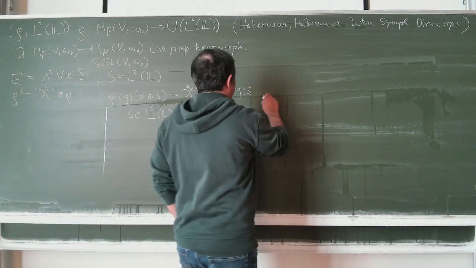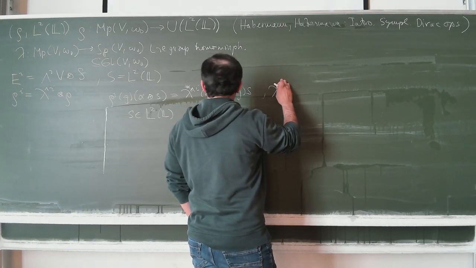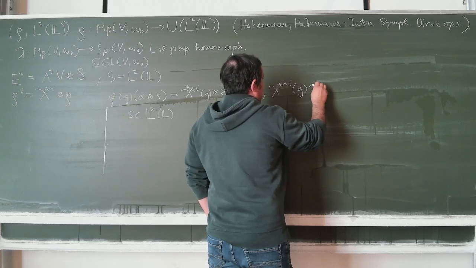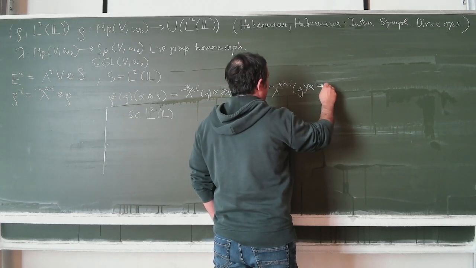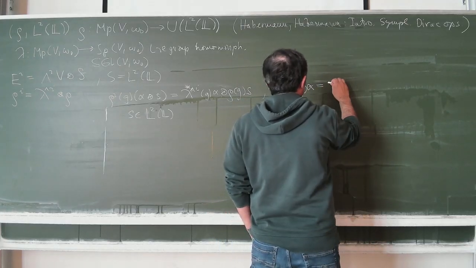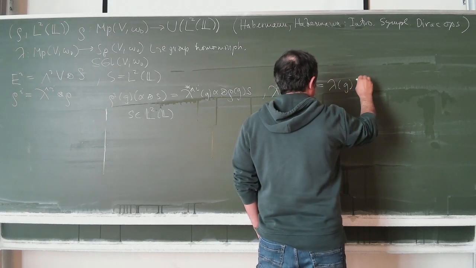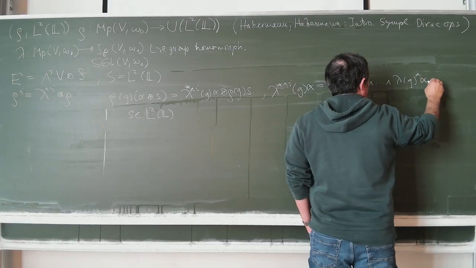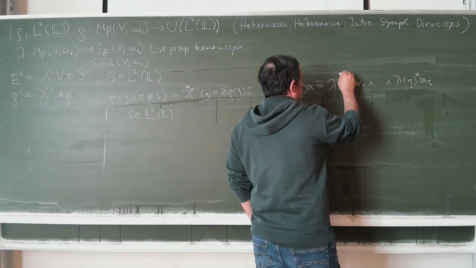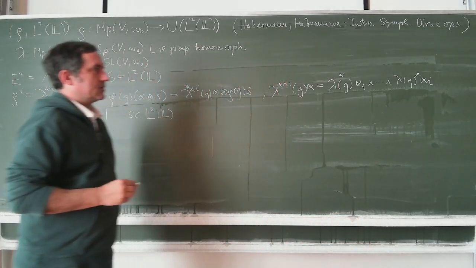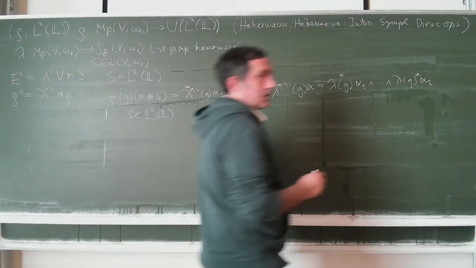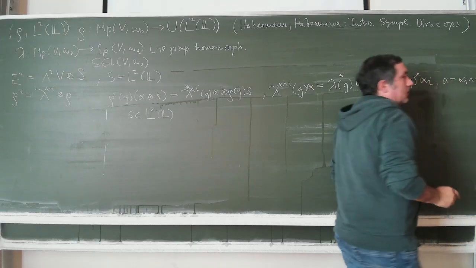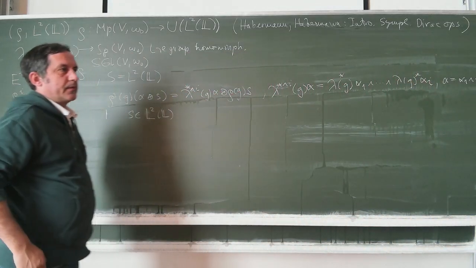So this is the formula for the case when alpha is the I form. The more general definition is that it is extended by linearity.